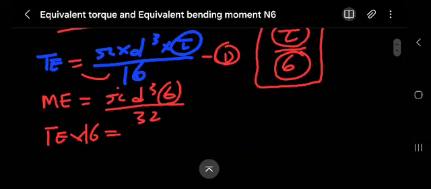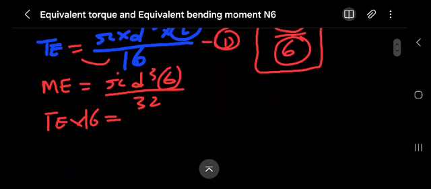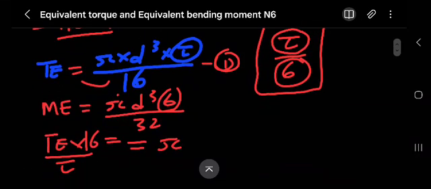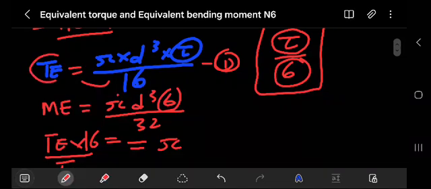If I multiply there, then I can divide by shear stress. Divide this by shear stress. This will be equal to pi. I want to make this equal. I don't have TE, so it must come to one side. I want to make things which are equal there. Then I have pi raised to the power of 3.